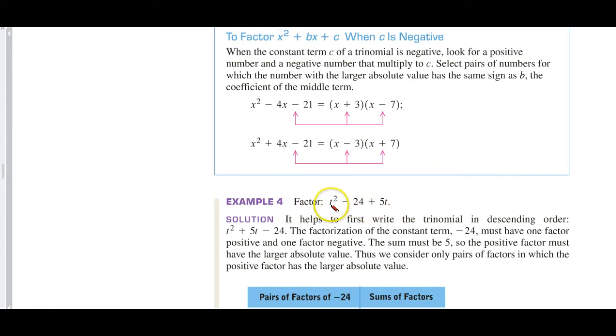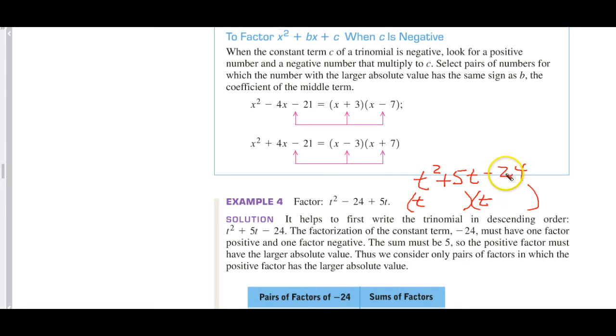Now for number 4, as we look at it, is it in standard form? And the answer is no. So the first thing you do is put it in standard form. And then 2 sets of parentheses. Here our a is 1, so it's just going to be t and t.